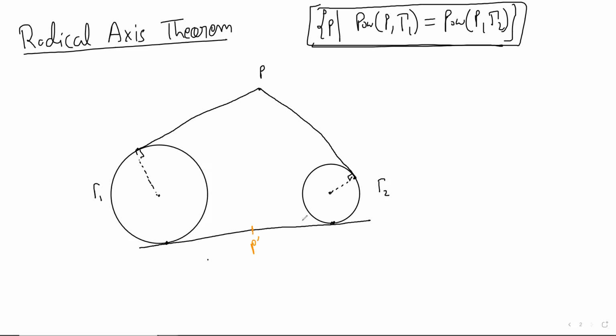Okay. Now the collection of all these points, how does it look? What shape does it form? If these circles were points, then how would it look? Then what I'm talking about is the perpendicular bisector, am I not?